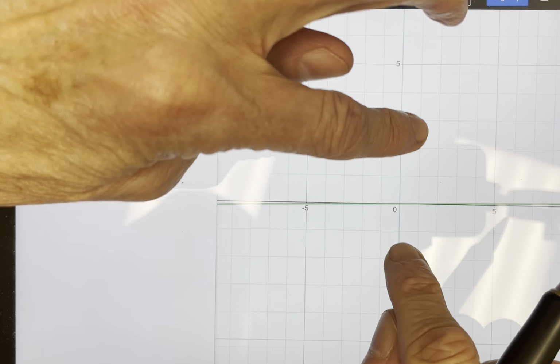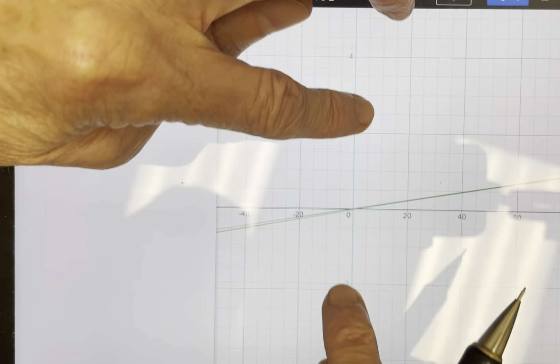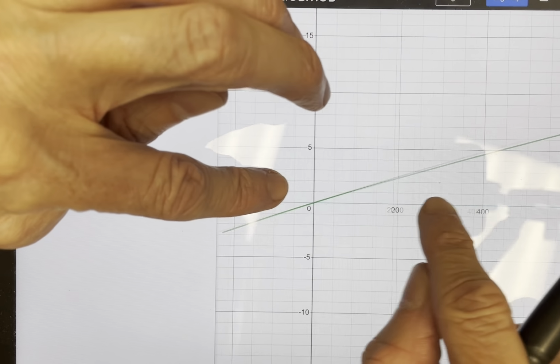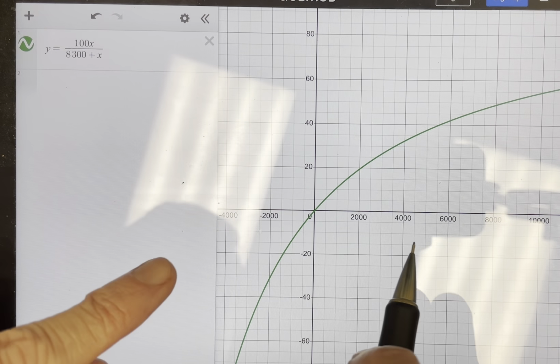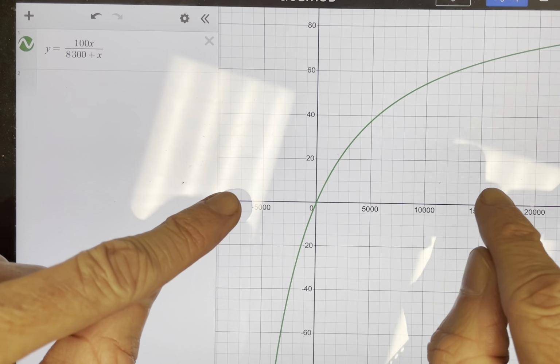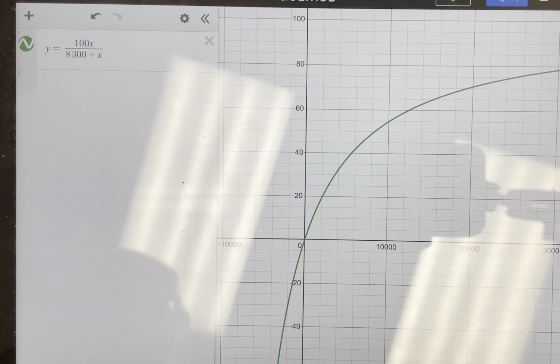And so there it is. Let's see if I've got anything here that can further help me with what's going on. Oh wow, I had to really zoom out, and we can see what's happening here.